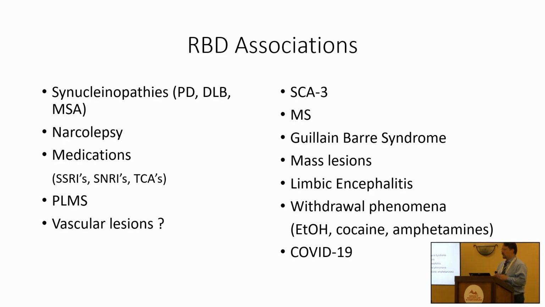And we'll talk a little bit more about that in a moment. Narcolepsy, it's very common to see RBD in that. Medications, in particular the antidepressants, are notorious for increasing the risk for RBD.